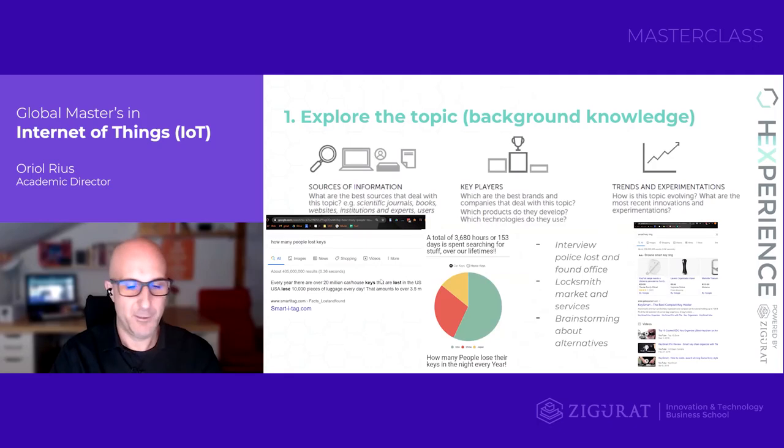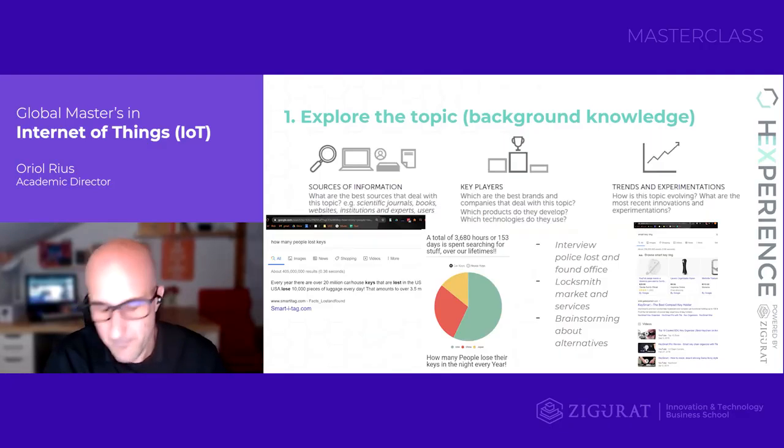But if we spend much more time looking around, we can find other relevant information, like a total of 3.6 thousand hours or 153 days is spent searching for stuff over our lifetimes. Wow, not bad, not bad. So very relevant information that reduces our uncertainty about whether our smart key ring makes sense or not.